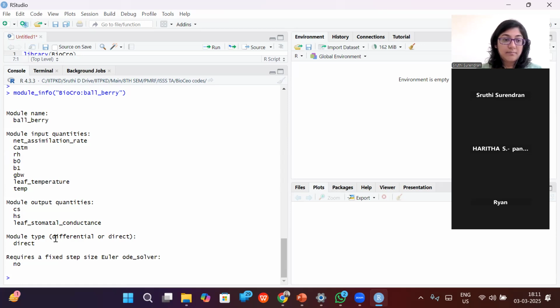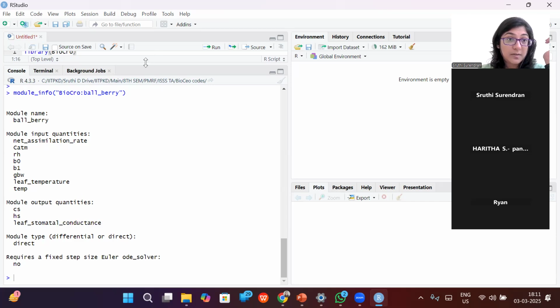Now, let's calculate it for some random values to see. And the output we'll get is the concentration of carbon dioxide on the surface of the leaf, and relative humidity on the surface of the leaf, as well as the stomatal conductance.